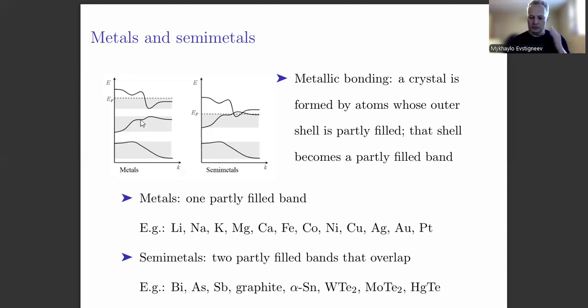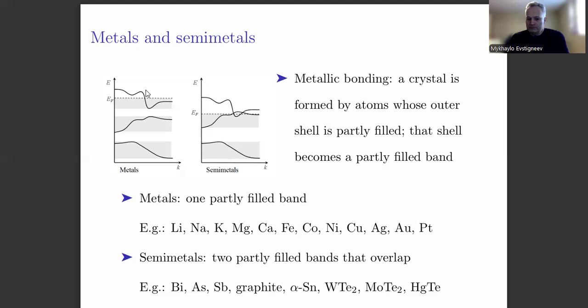They do not contribute to the electric conductivity, but this upper band, where the Fermi energy is somewhere in the middle, does contribute to the electric conductivity, because there are empty states, and electrons can change their momentum state. There are empty states for electrons to go to in response to an external electric field.